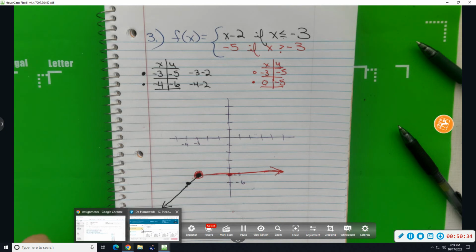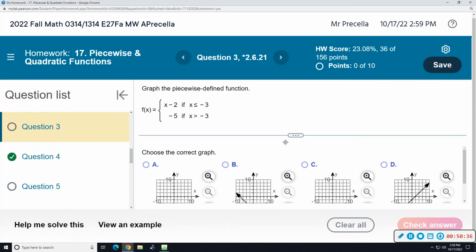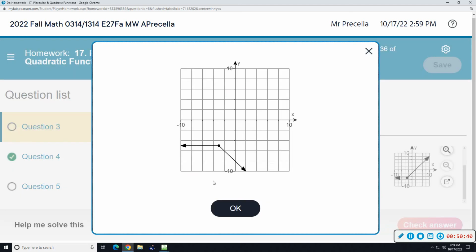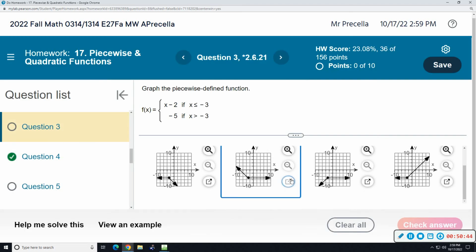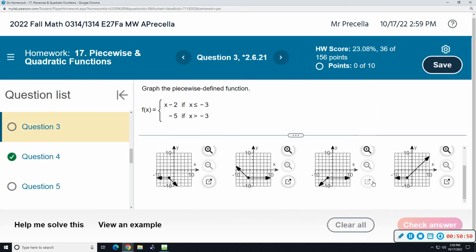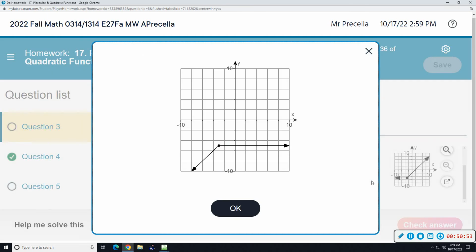A, B, C, or D. Oh, that's it. No. Not A. B? No. C? C's looking promising. What do y'all think? Notice each mark is 2 units because the way it says 10 here.